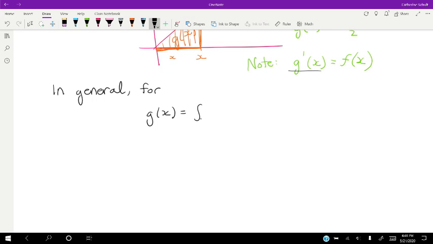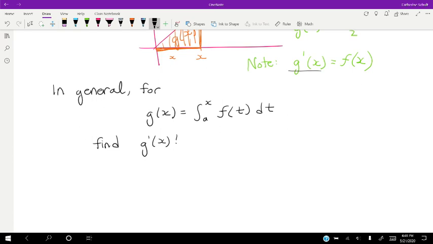Let's find the derivative and see if that can give us any information about what our area function is. Okay, so in general, for this, let's find that derivative.